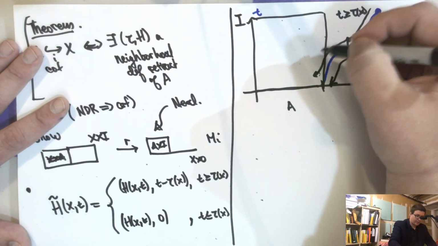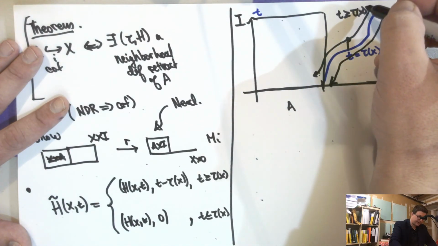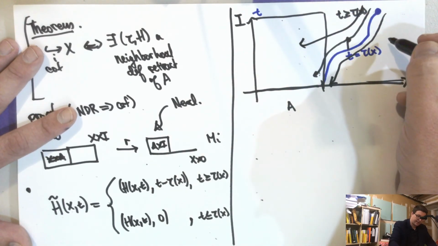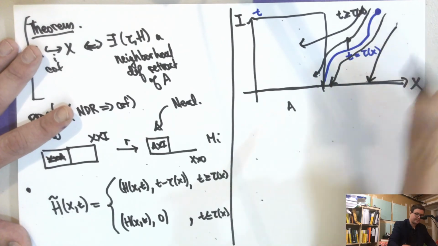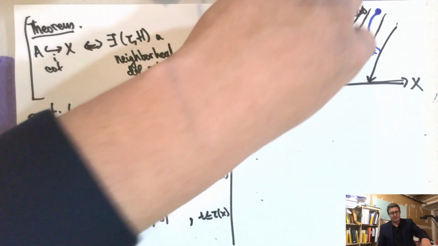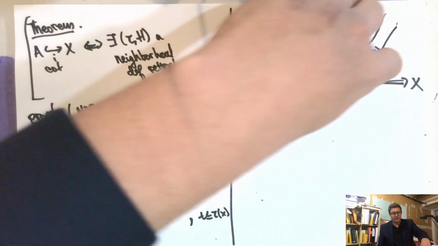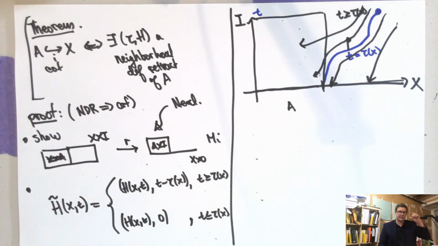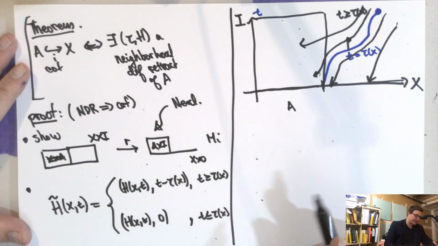And this whole thing eventually retracts, right? So the things up here will be more solidly inside of this, and the things down here will be more solidly in here. But this is what the map h tilde looks like. I'm drawing it as kind of a flow, but really it's just one map, and it takes this point to this point. There's no real continuity here. Okay, and so this defines the retraction.